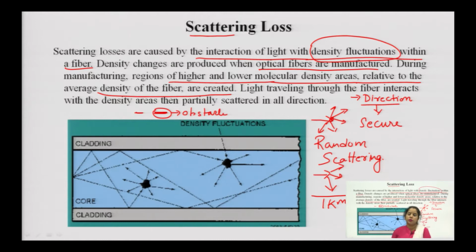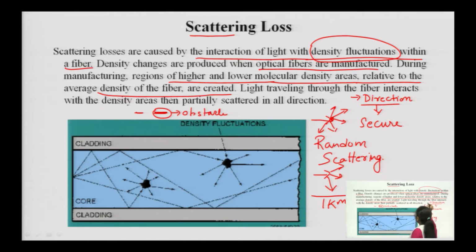These are actually manufacturing defects, either higher or lower molecular density than the average density of the fiber, and they create an obstacle in the path of the optical signal and lead to scattering loss.